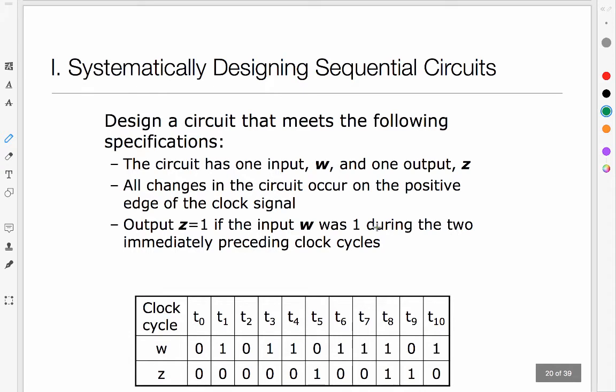Okay. Now let's move to sequential circuits. So I know a lot of you have had some pain over FSMs in the recent assignment. So let's go over some of the examples again.